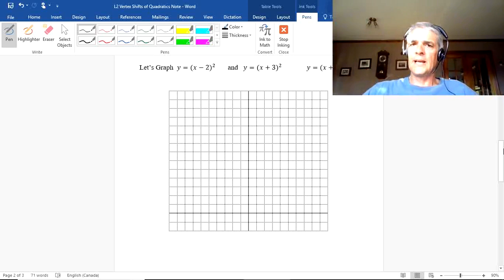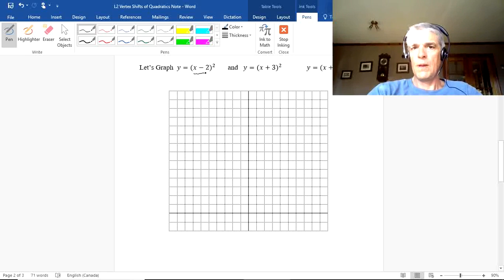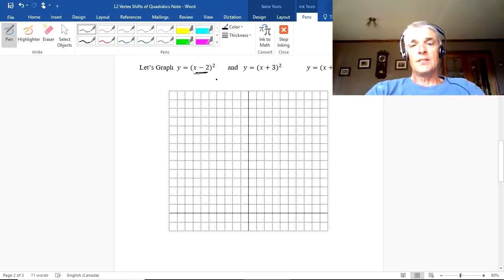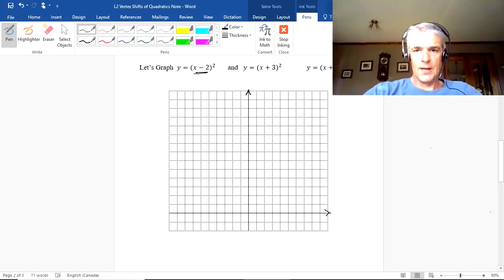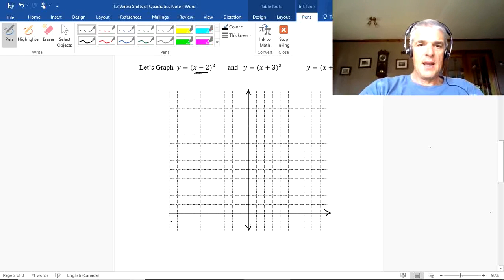Now you'll notice that this is different. The last time I had y equals x squared plus a number or minus a number, this time we put the number inside. And this one's very different in that I'm going to label my graph first, okay? That number actually changes sign to tell us which way it shifts.